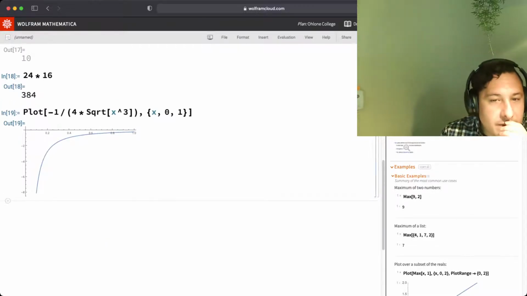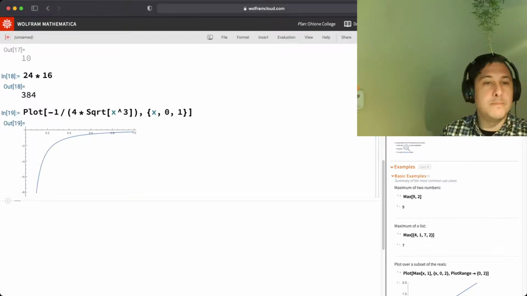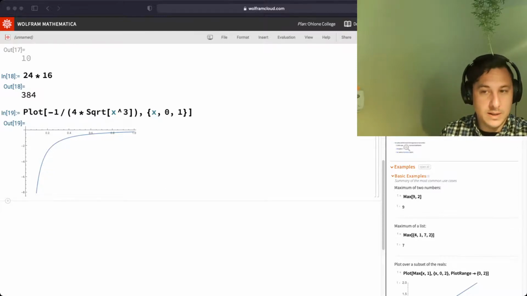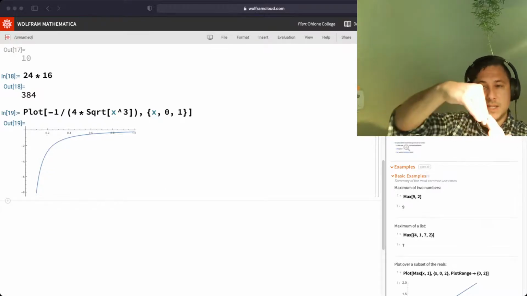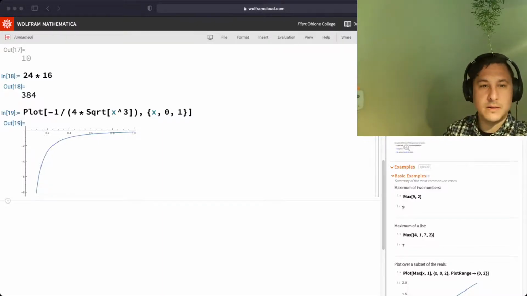Well, looking at the graph, it's a negative value. It's monotonically increasing, so it attains its largest value at the right endpoint. So you can plug 1 into it. Does it make sense that it's biggest at x equals 1, looking at the graph?